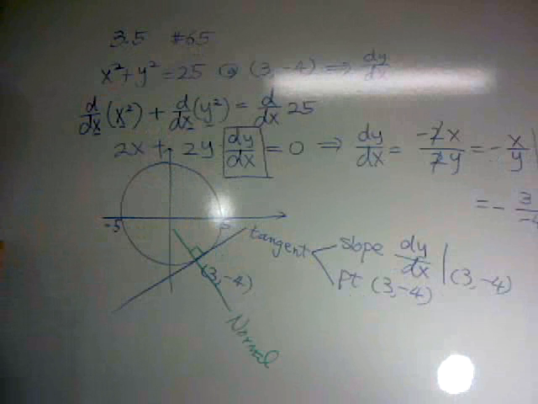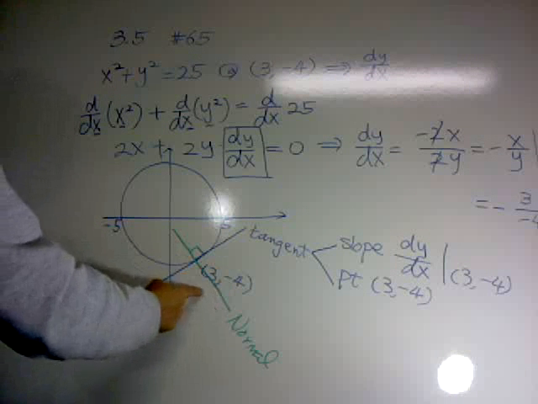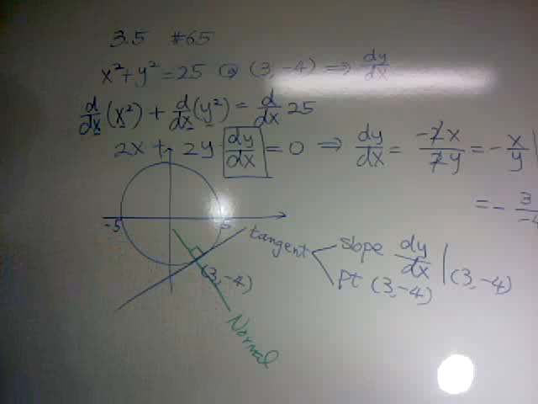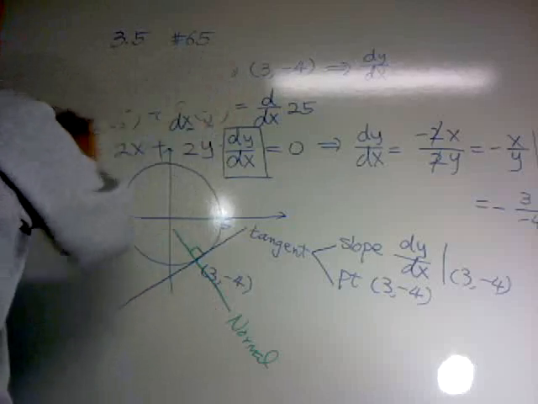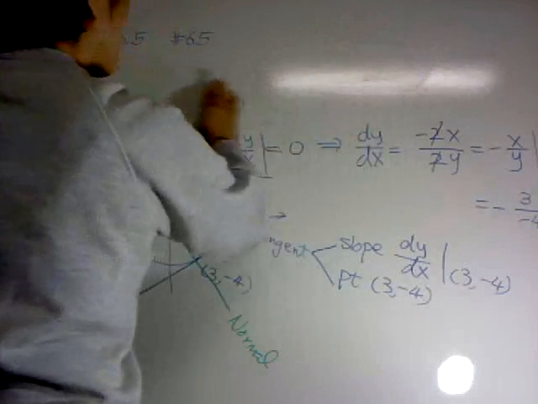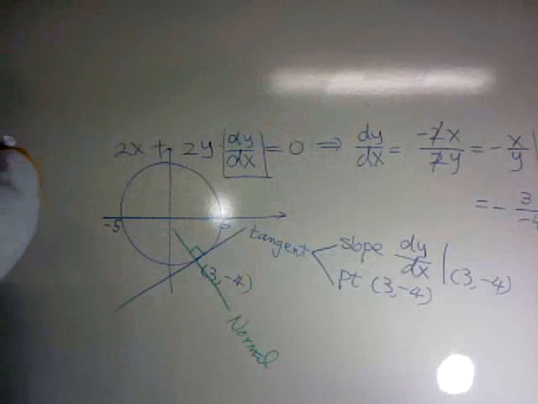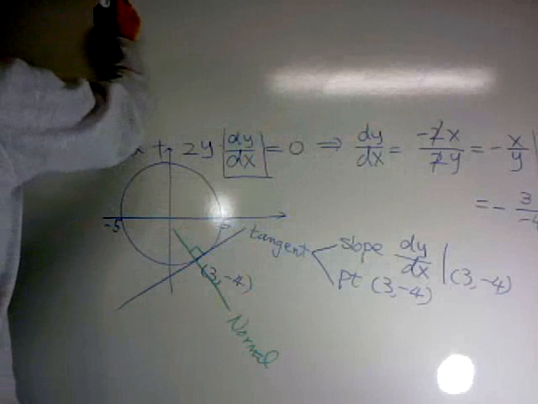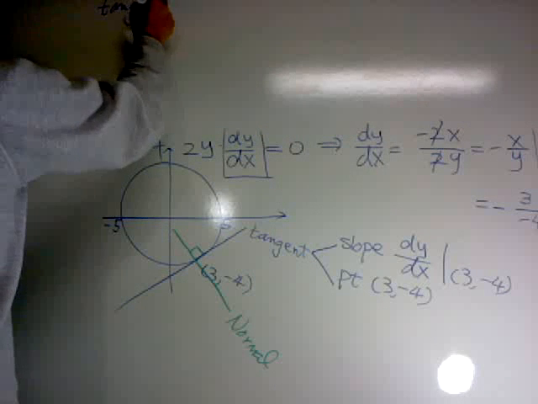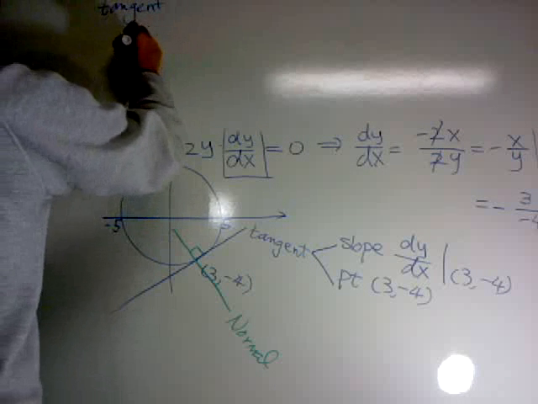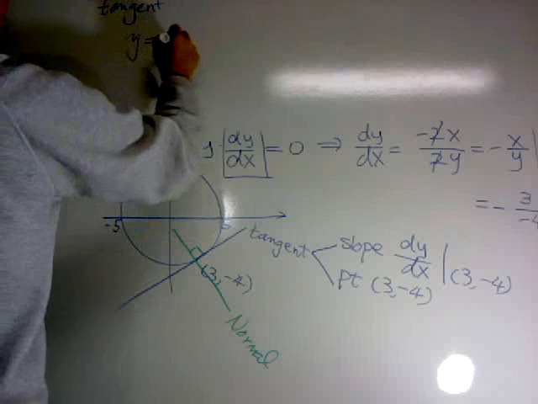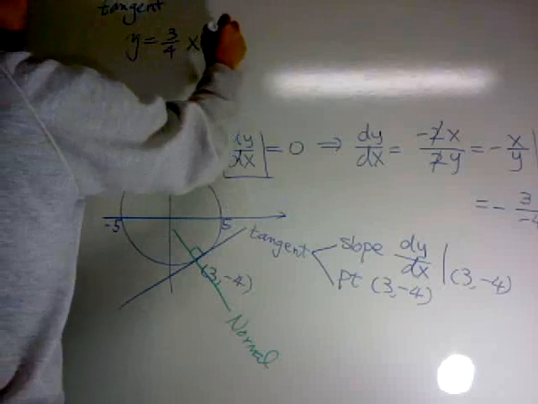And the tangent line passes through (3, -4). So what is the equation of the tangent line? The equation of the tangent line is y equals 3/4 x plus b.